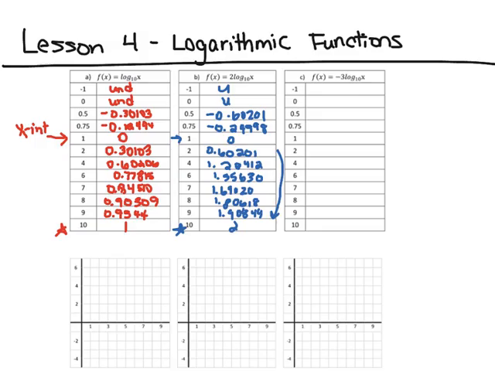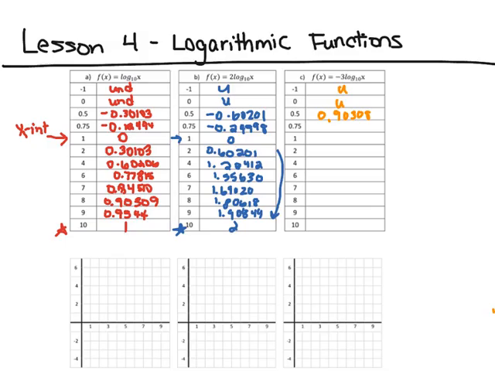And now we're going to do the last example. So we have -3 times the log base 10 of x. You should get undefined for -1, undefined for 0. You should get 0.90308 for the first one.